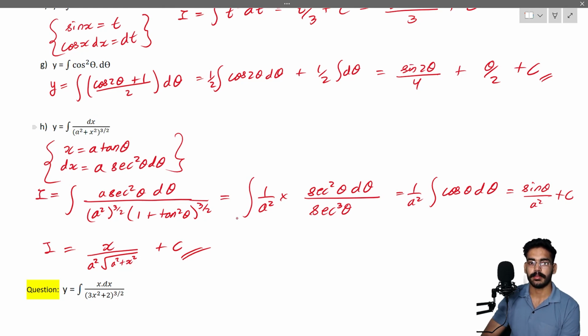And I can directly differentiate dx like this. These are standard methods. If there was a square minus x square, then how would you do it? You substitute a sin theta, and by a sin theta you can get the answer, right?